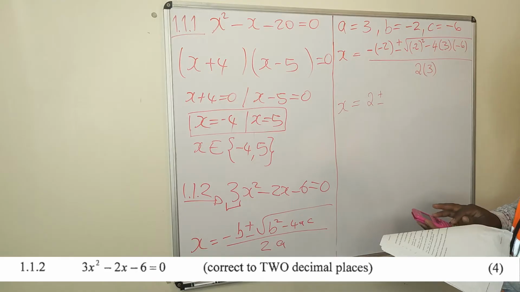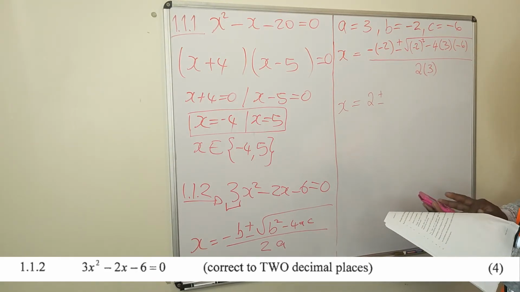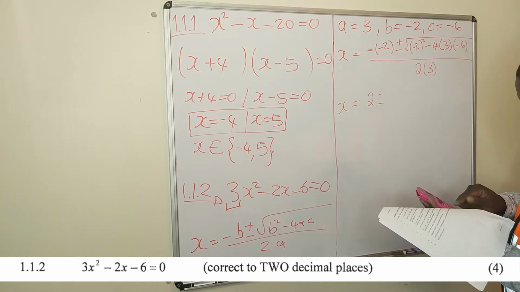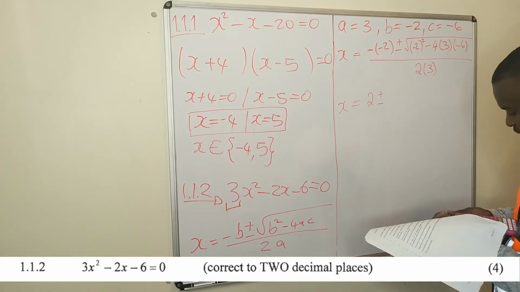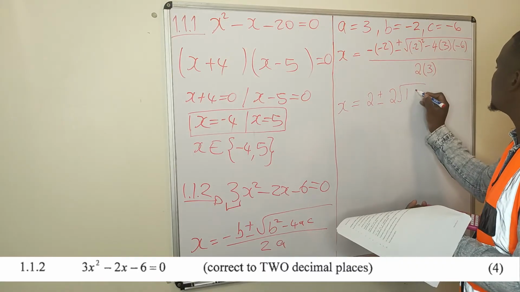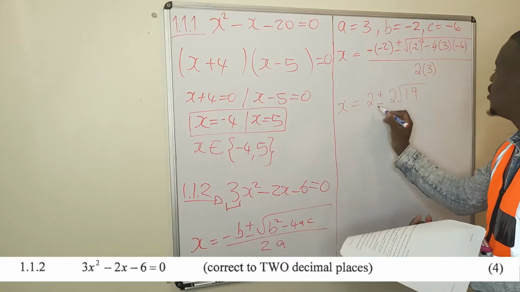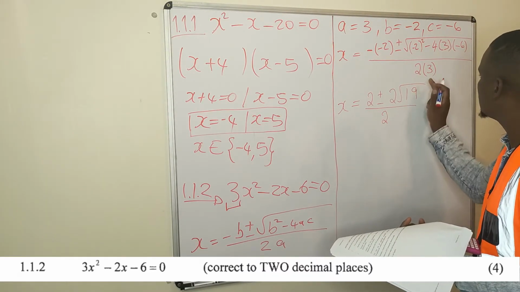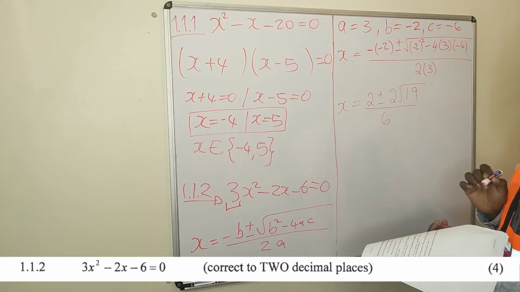Say square root of minus 2 all squared minus 4 times 3 times negative 6. So we have 2 root 19. So you have 2 square root of 19, all over 2a. 2a is 6.